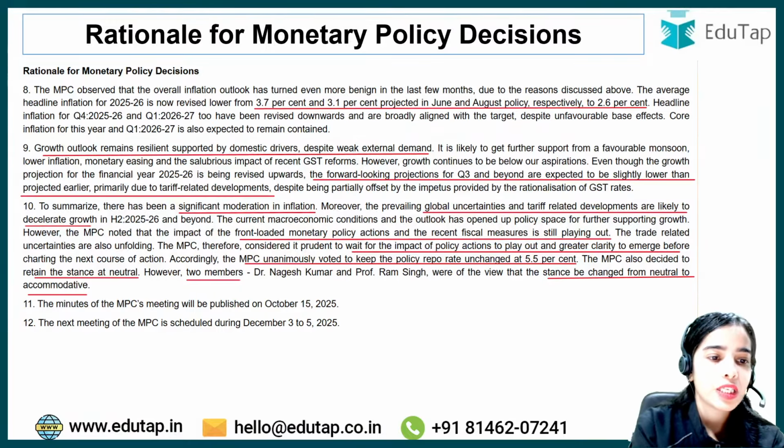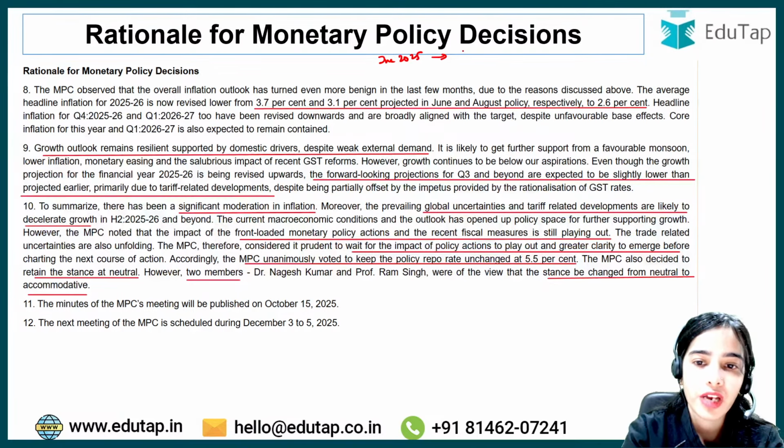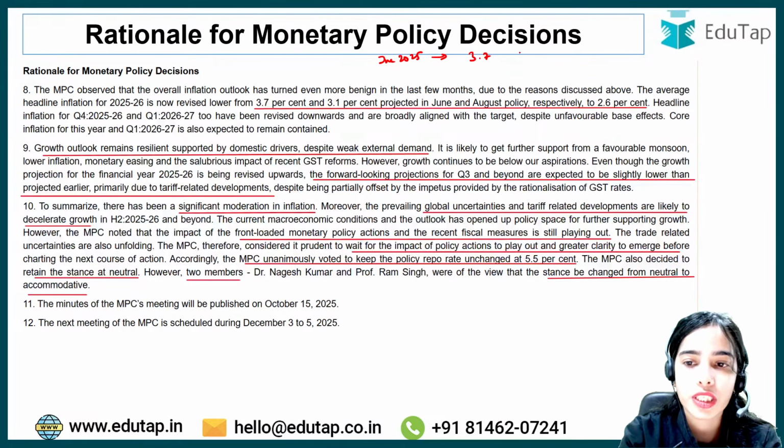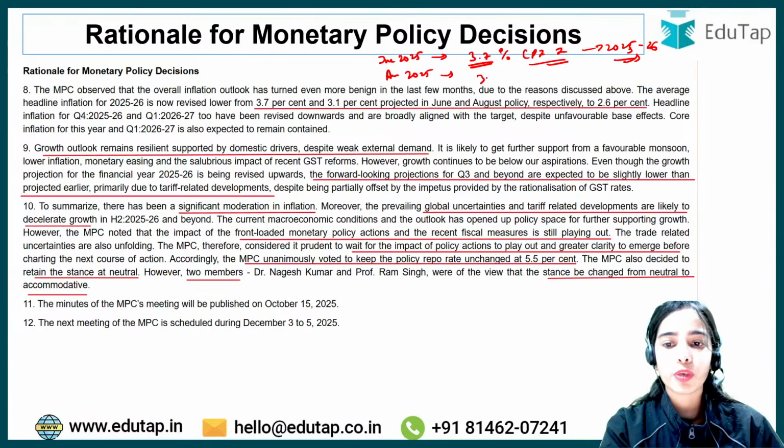So basically, in the June 2025 MPC meeting, it was said that CPI inflation for 2025-26 is going to be 3.7%. In August 2025, it was projected that CPI inflation for 2025-26 is going to be 3.1%.